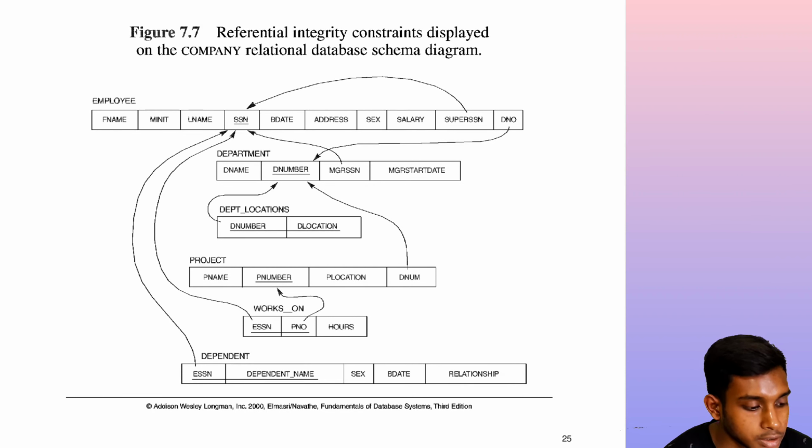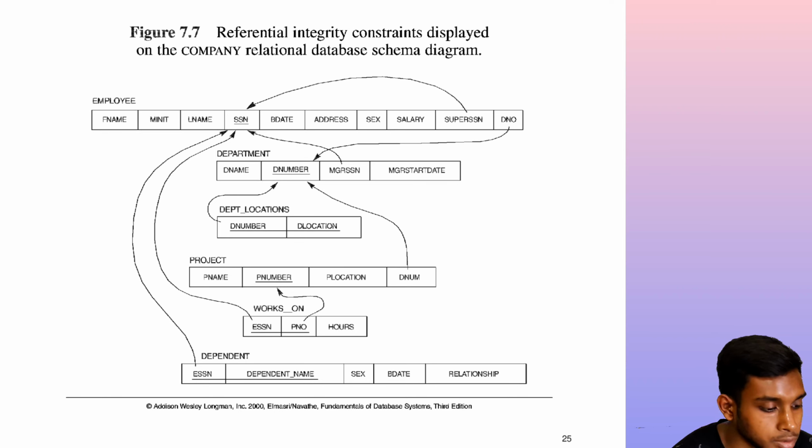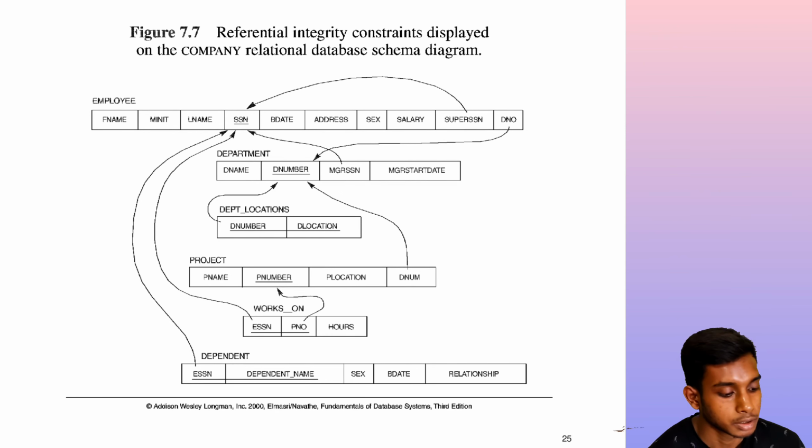The primary keys are SSN; D number and location for department location; P number for project; ESSN and P number for works on; and department name for department.